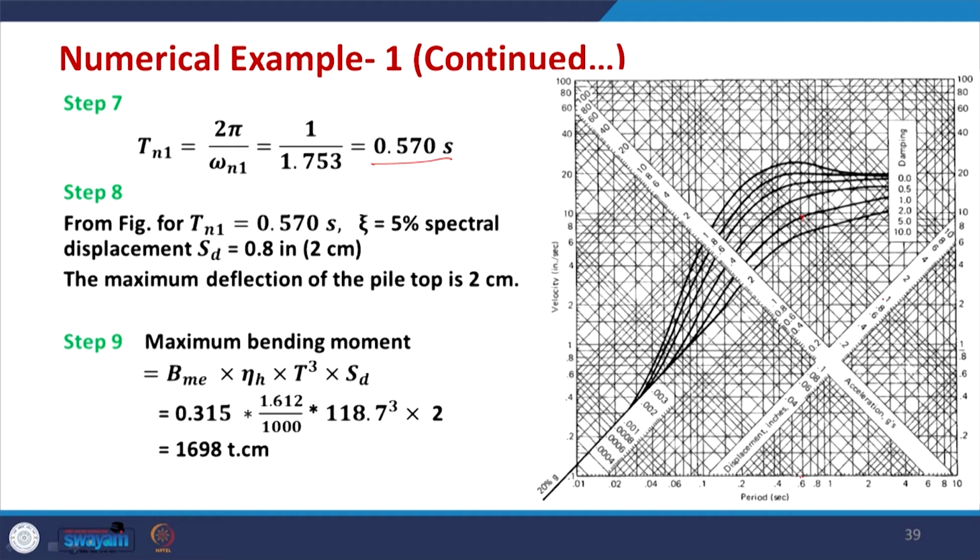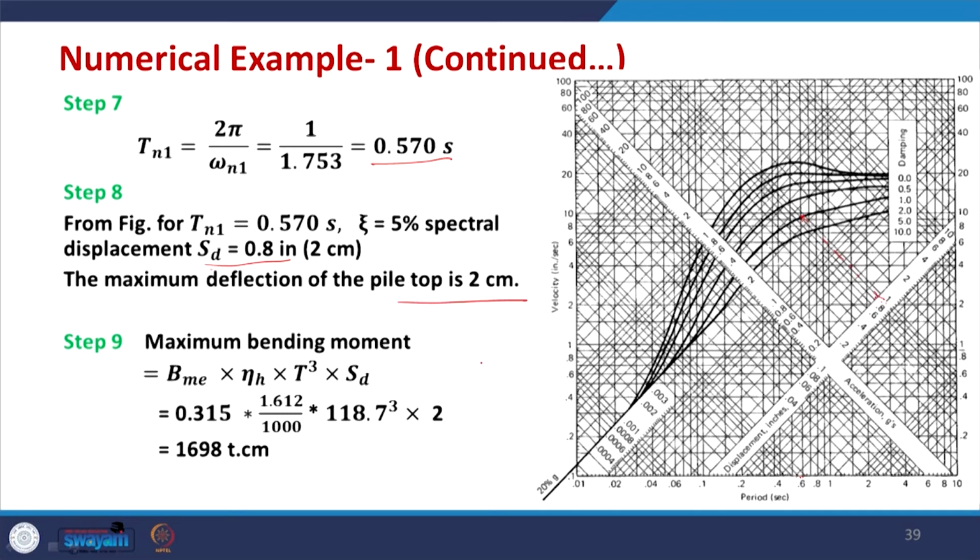You drop it here, and ultimately you end up with S d equal to 0.8 inch, which is equal to 2 centimeter. So 2 centimeter is the displacement given, the maximum displacement of the pile top.